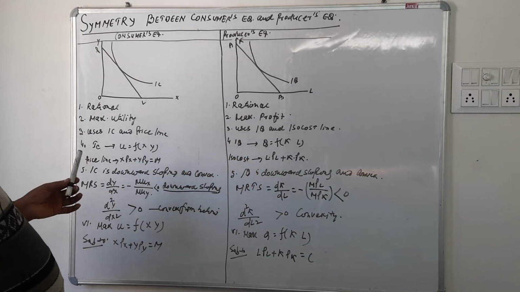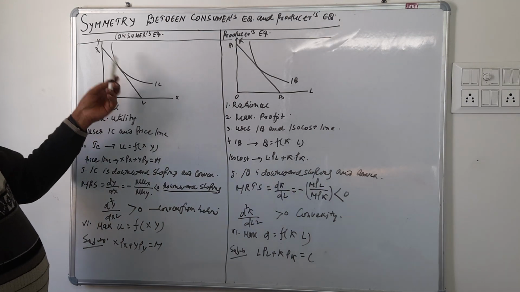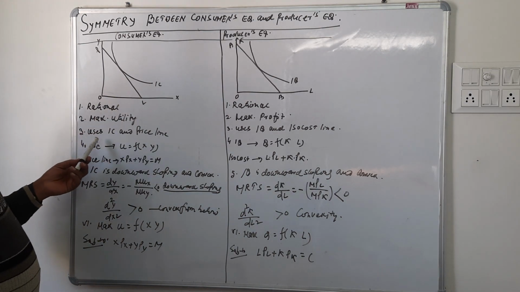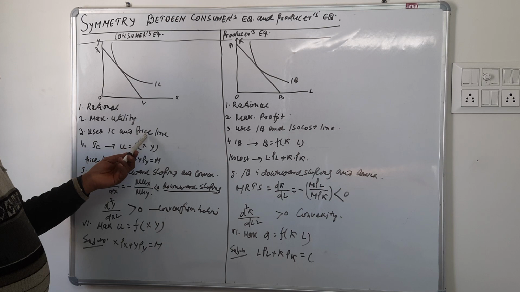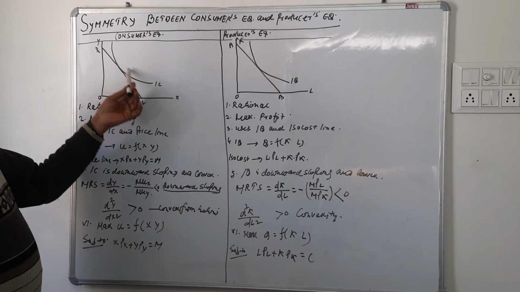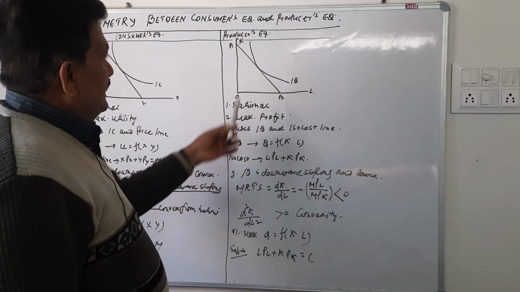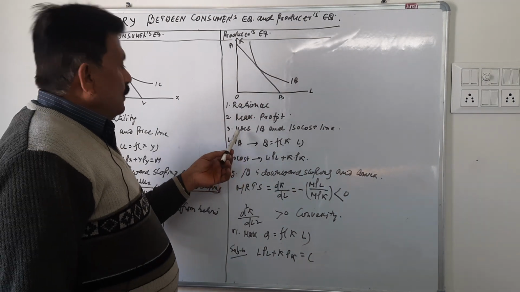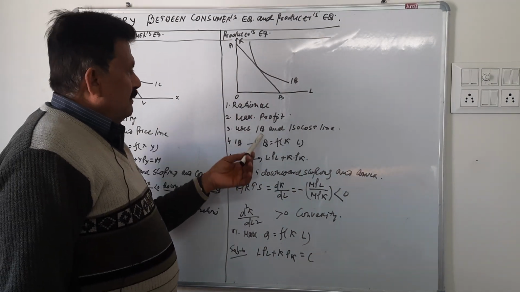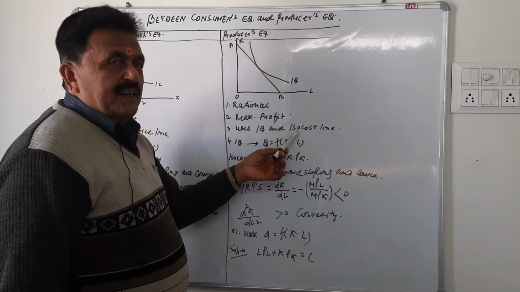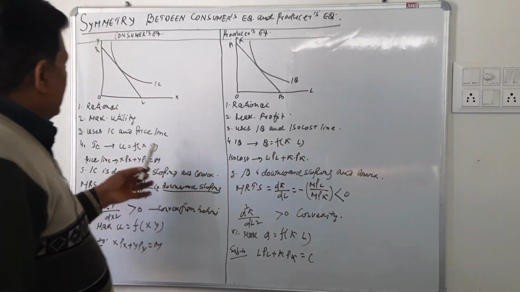The third point says that for explaining consumer's equilibrium, we use IC and price line, whereas to explain producer's equilibrium, we use IQ and iso-cost line.